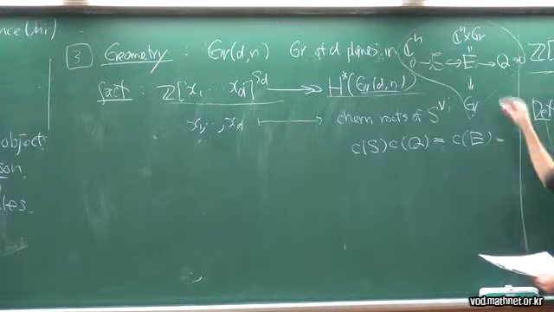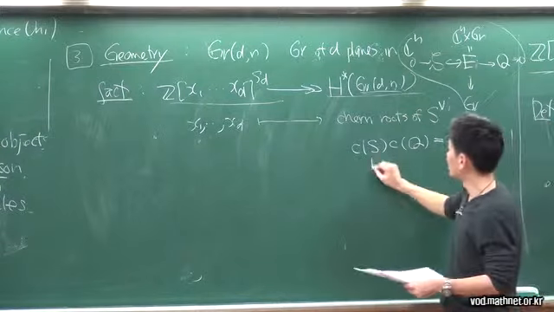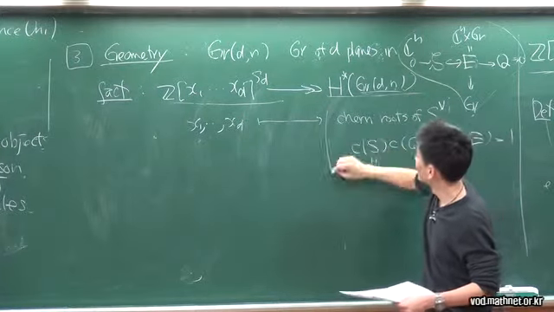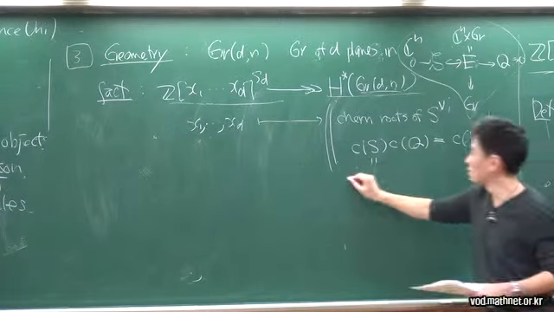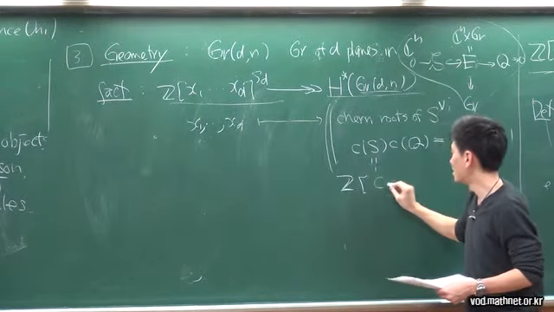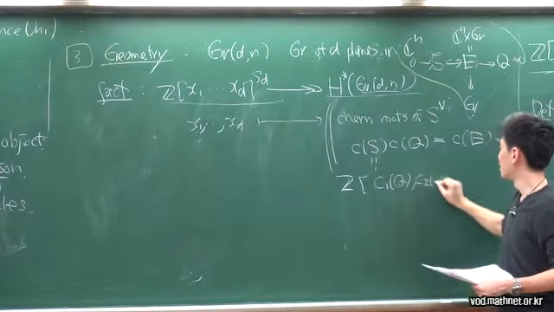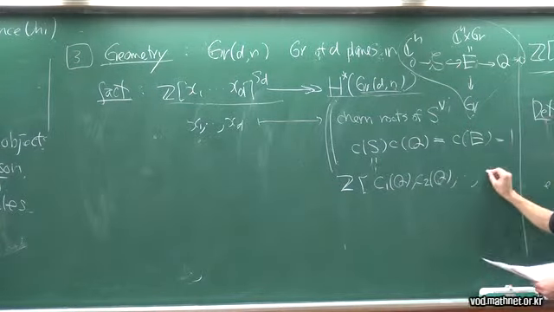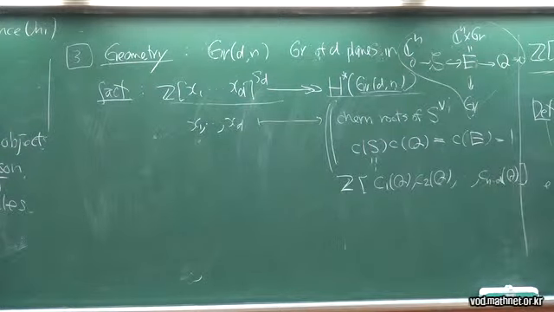And this is the trivial bundle, so it's just one. Okay, and it's also the very basic fact that this Grassmannian cohomology ring is generated by the Chern classes of the quotient tautological bundle.